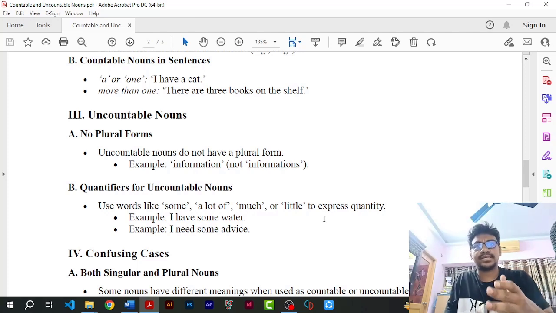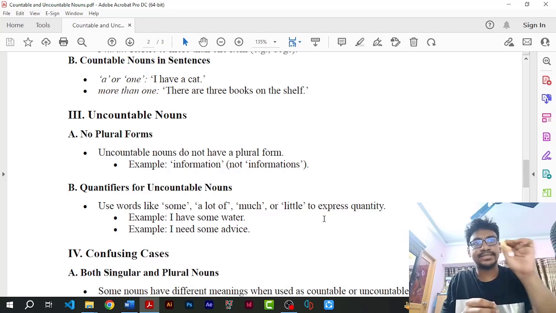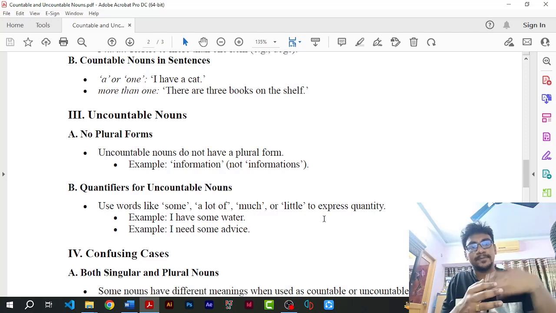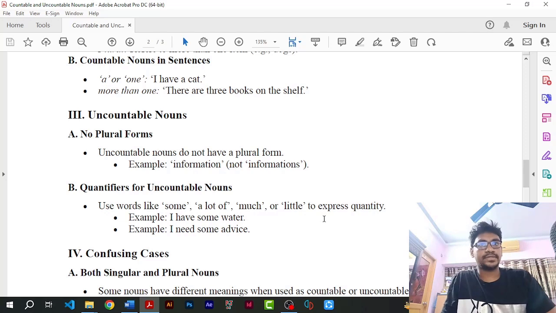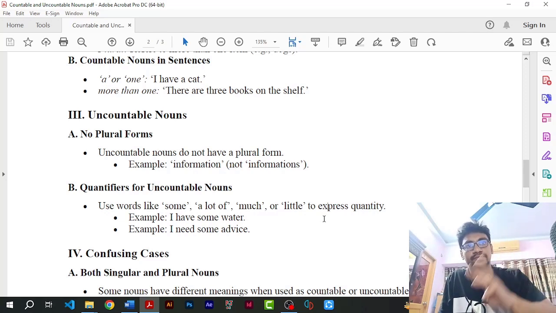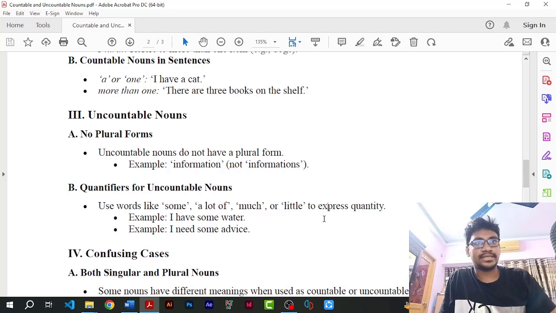The amount. Like, is it a lot of? Is it a little? Or are there many more? So these are quantifiers. And for countable nouns, we can simply use 1 or 2 or 3 or 4. However, can we say there are 2 informations? No. We can say there is some information, there is a little information, there is a lot of information.